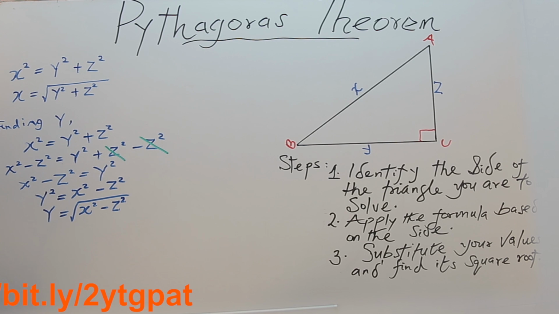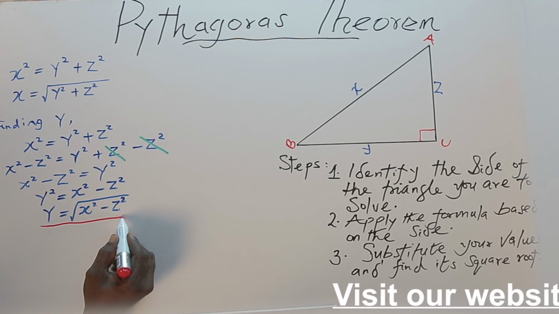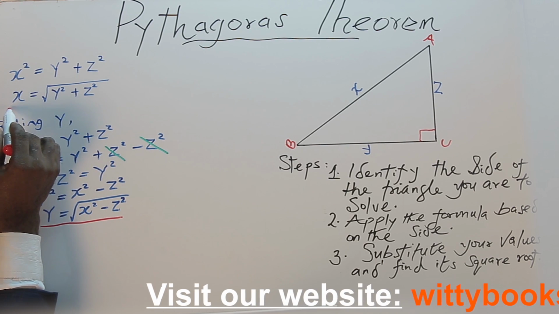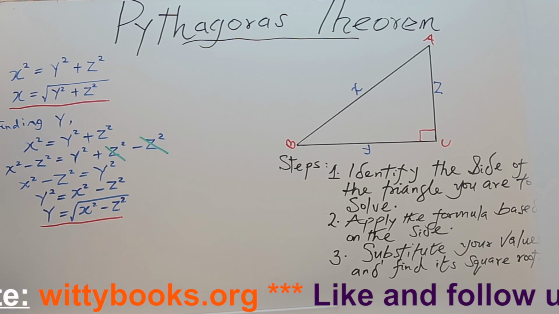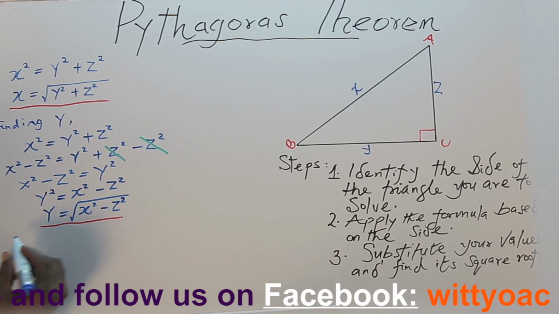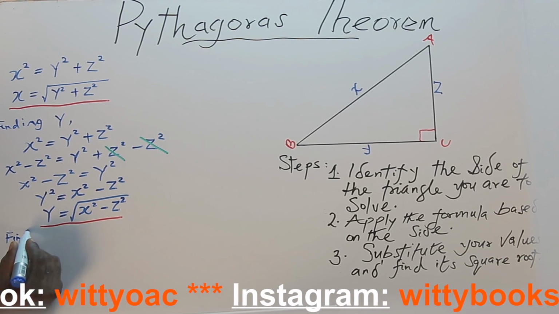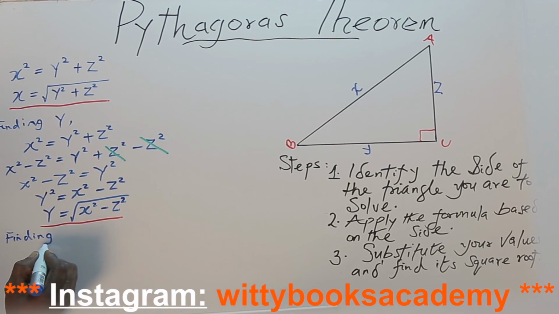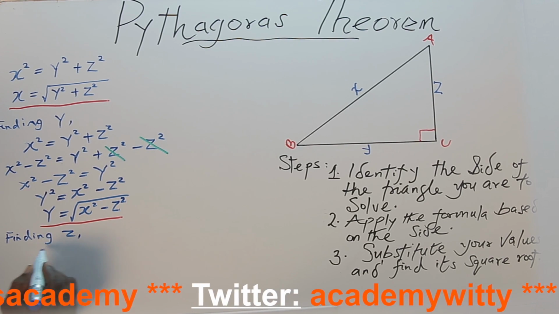At this point, we have got a formula for calculating the Y side, and already we have a formula for calculating the X side. Now let's find the formula for calculating the Z side. So we'll have finding Z. We recall our formula.